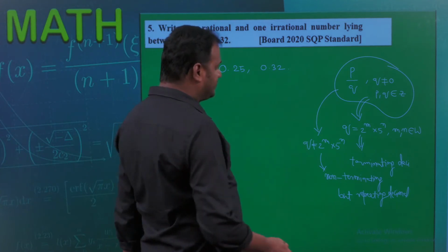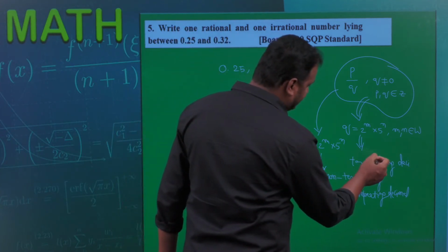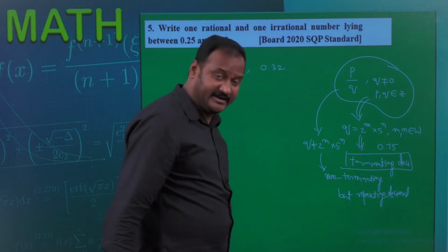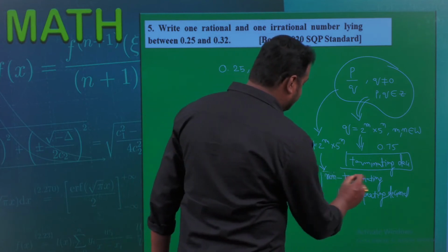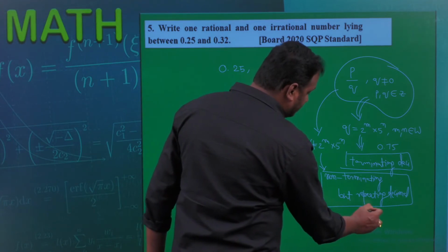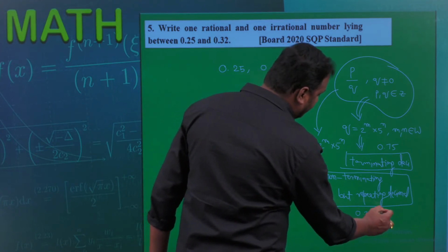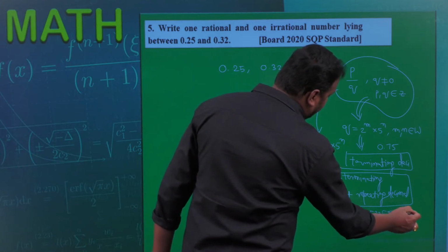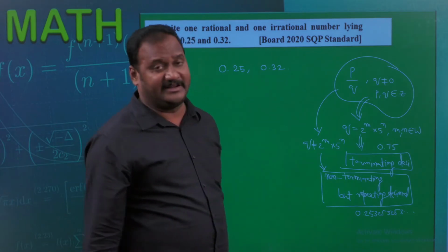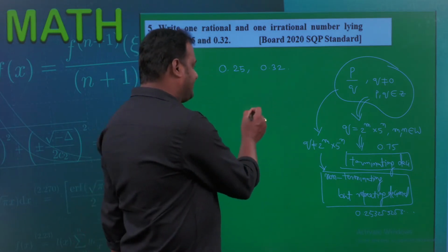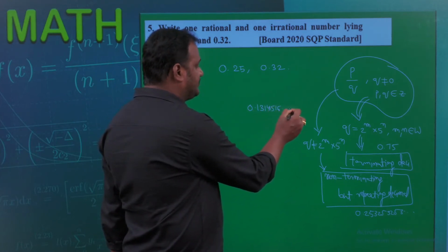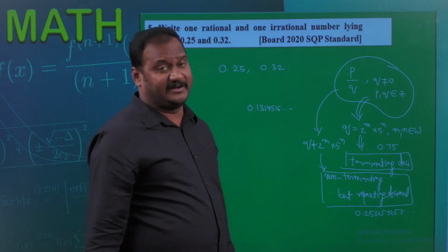Suppose I take a number: a terminating decimal is something like 0.75. And a non-terminating but repeating decimal, I can say 0.253253 and so on. There is a particular block of digits repeating. But for a neither terminating nor repeating decimal, I have a number like 0.13141516 and so on. This is one neither terminating nor repeating decimal.